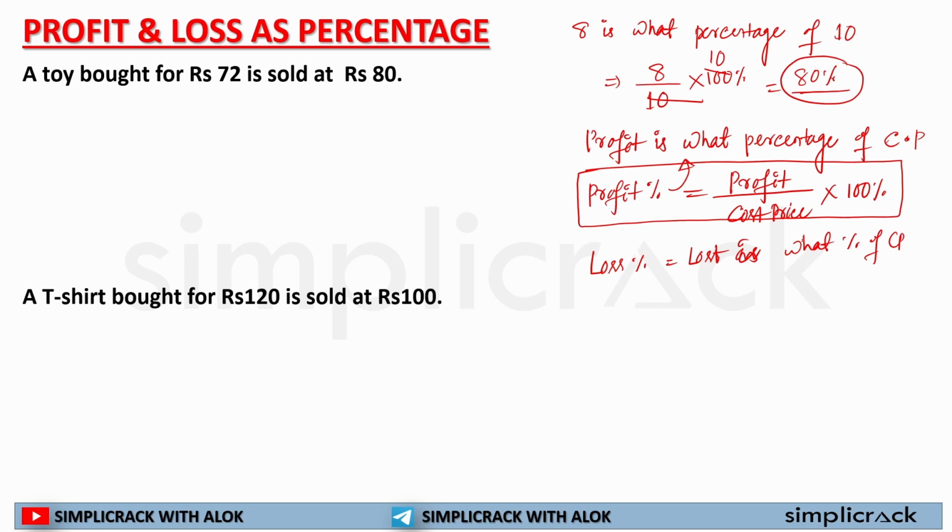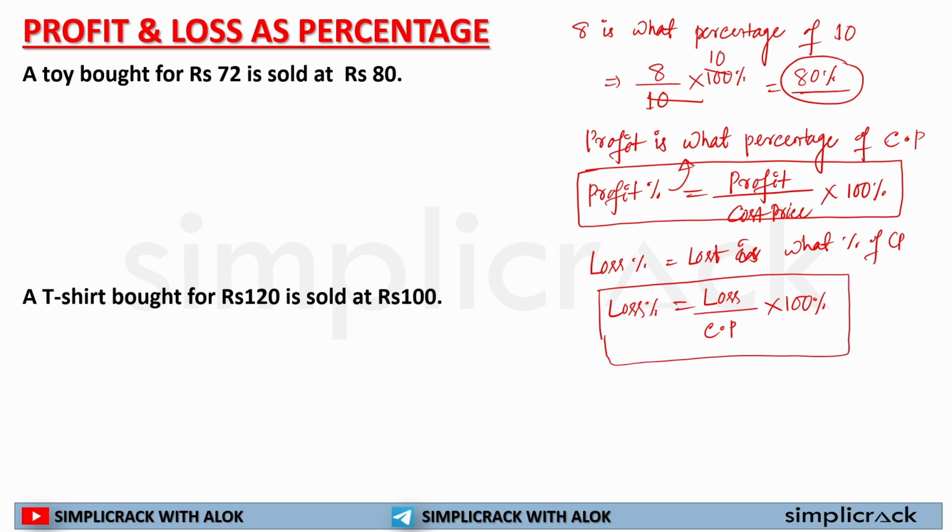Loss percentage means the percentage of loss on cost price. So how will it be calculated? Loss divided by cost price multiplied by 100%. I hope this is clear to each and every one of you. Okay, so now let's solve these two questions.